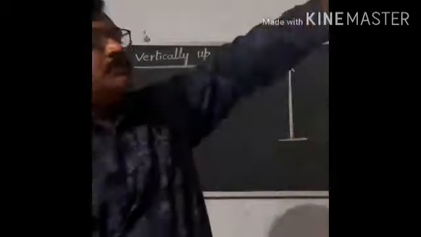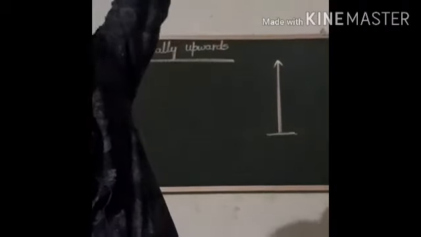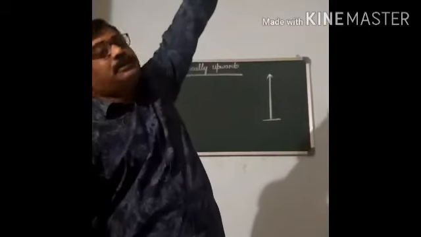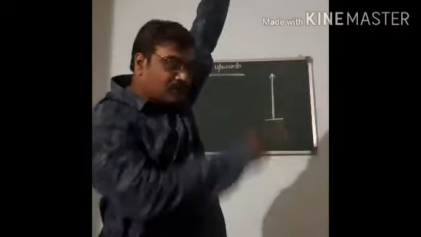Next case: an object is projected vertically upwards. The motion of the object is upwards and earth's gravity is downwards.